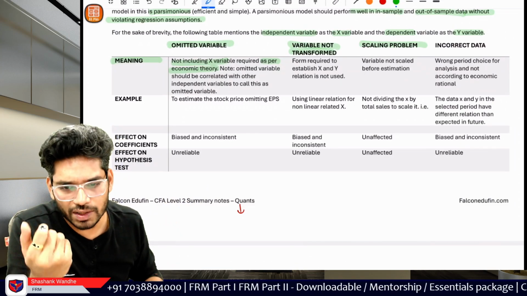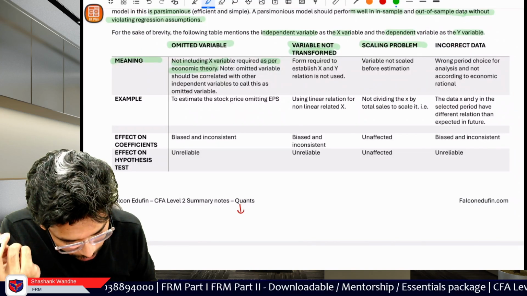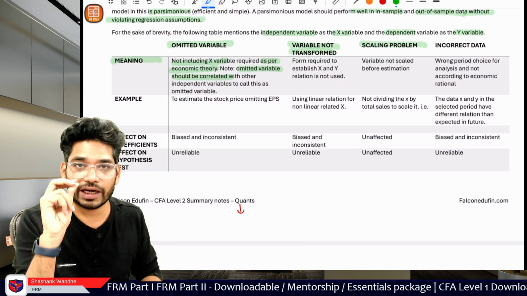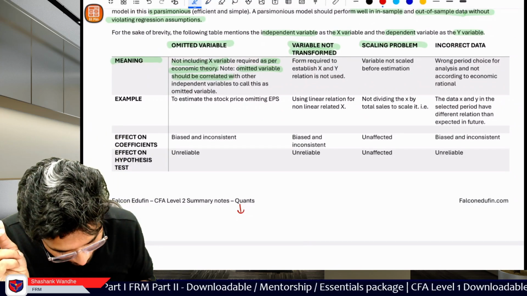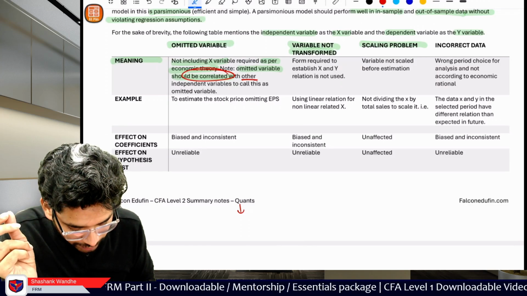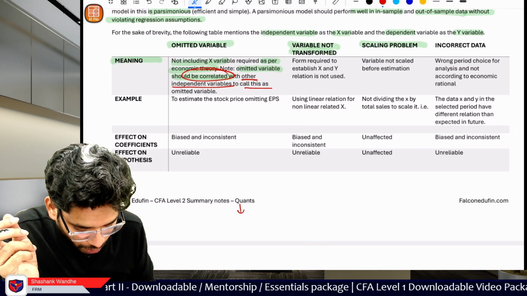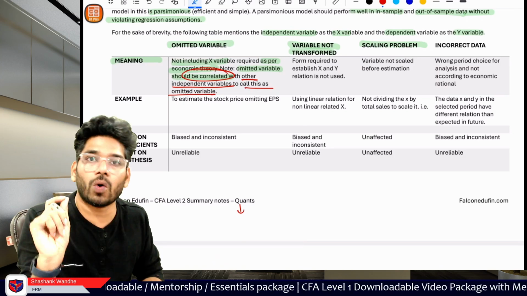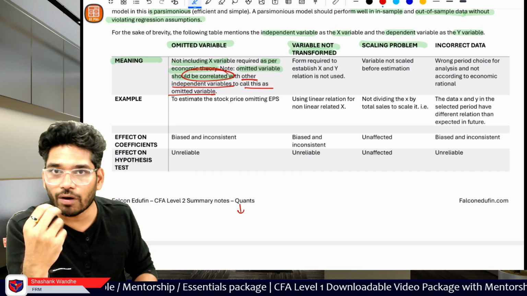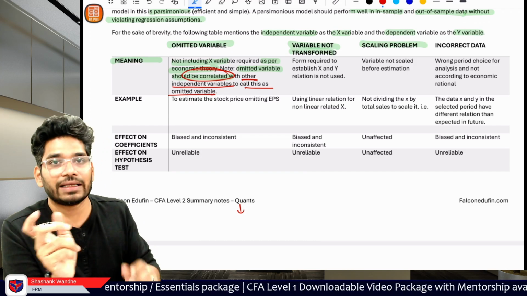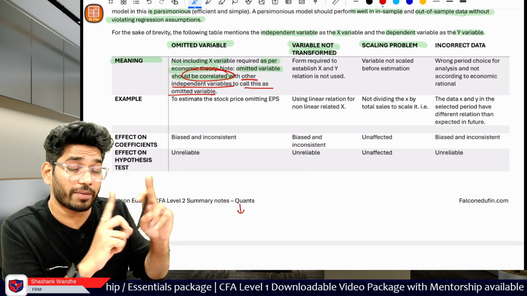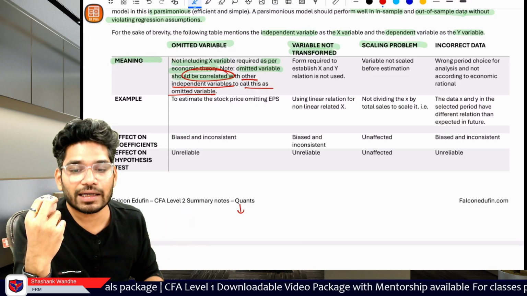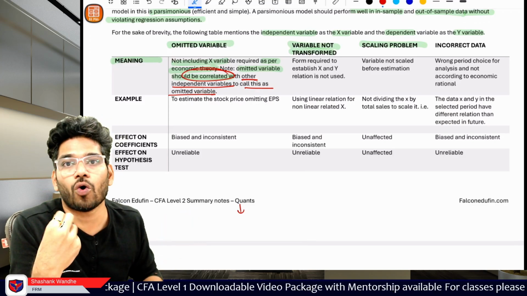We already discussed what the concept is here. And a very important note, this omitted variable should be correlated. Remember this, it should be correlated with the independent variables to call it an omitted variable. If there is absolutely no correlation between the variable you have omitted and the other independent variables, we are talking about the independent ones here, not the dependent, okay, other independent variables, then by definition that variable is not an omitted variable.